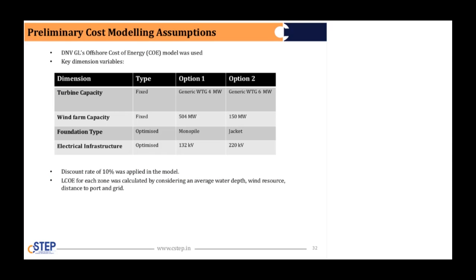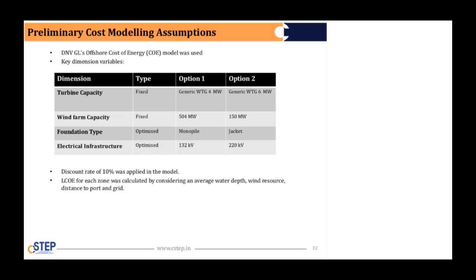Certain dimensions were set into this model. We set the turbine capacity at 4 and 6 megawatts. We set a farm capacity of 150 megawatts and 504 megawatts, because that is considered a reasonable scale to kickstart a pilot project or first project.